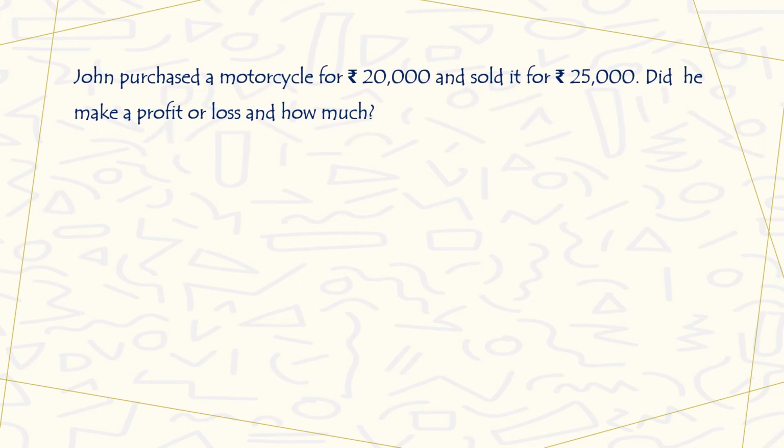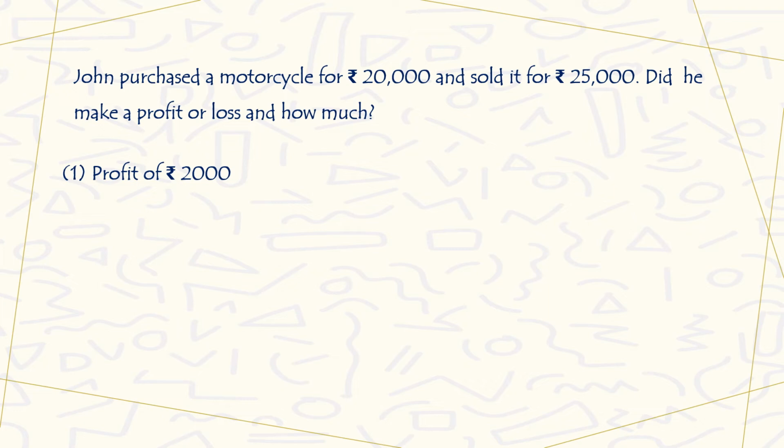John purchased a motorcycle for rupees 20,000 and sold it for rupees 25,000. Did he make a profit or loss, and how much? A very simple question that you can solve by yourself. First you have to understand whether it was a profit or a loss. John purchased it for 20,000 rupees and sold it for rupees 25,000. So obviously he is making a profit, right?